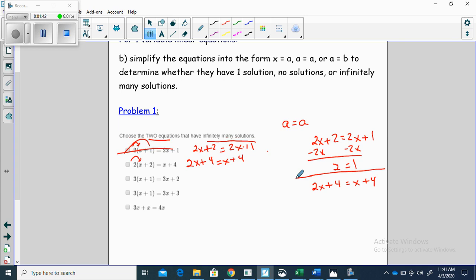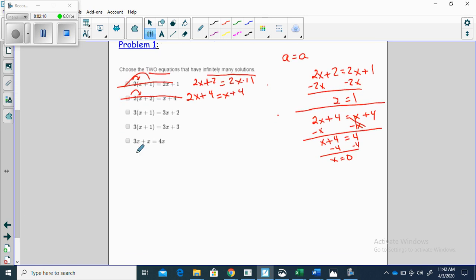Let's say I subtracted the x from both sides, I would get 2x minus 1x is just 1x. x plus 4 is equal to 4. Subtract 4 from both sides, and x is equal to 0. This one has one solution, and we're looking for the ones that have infinite number of solutions. So that one's not it.